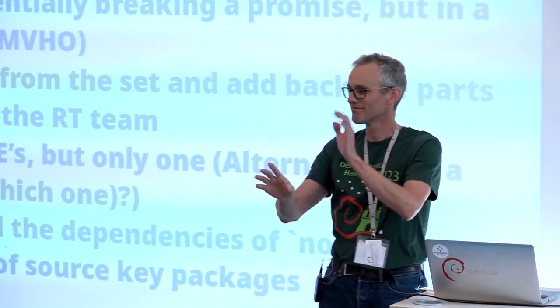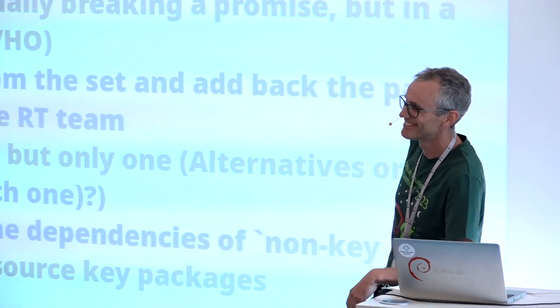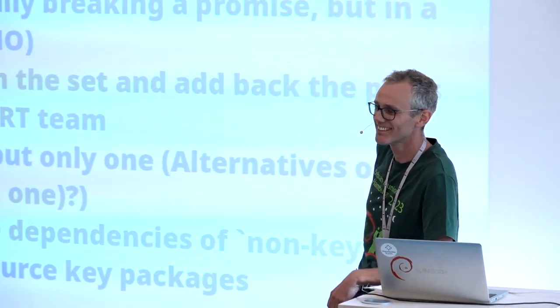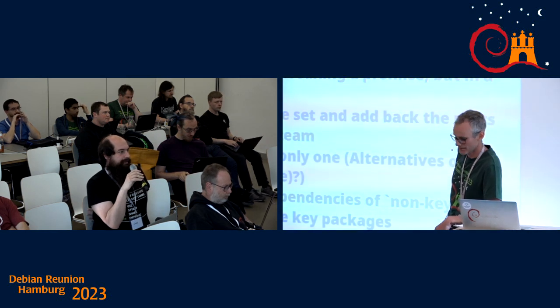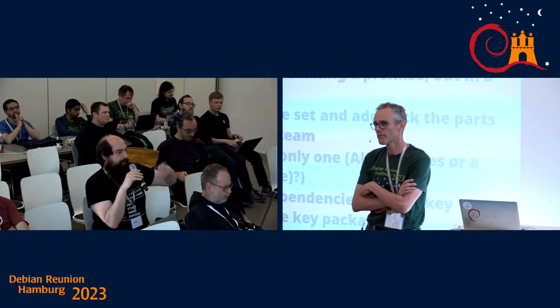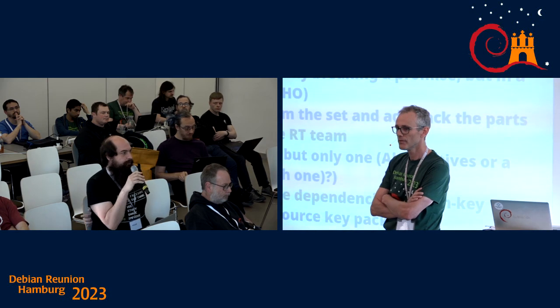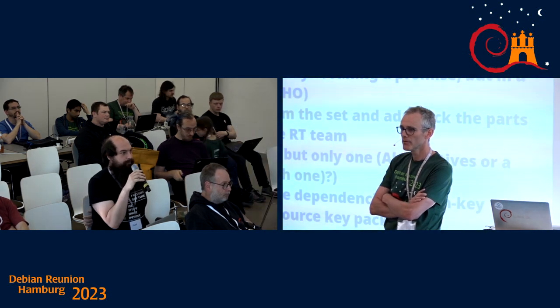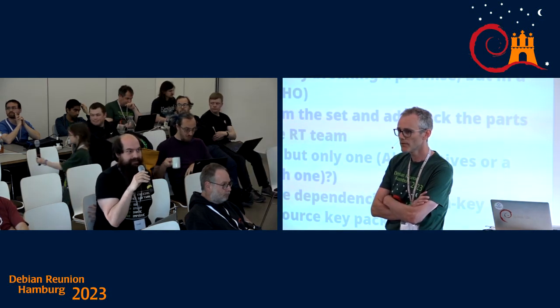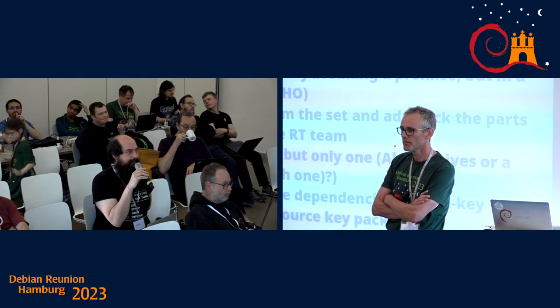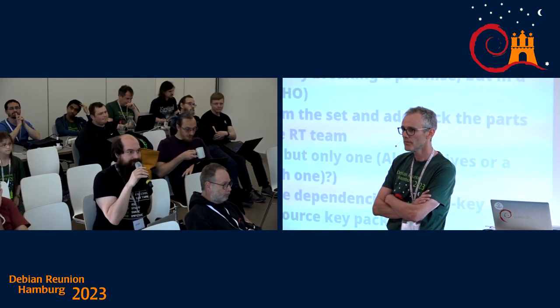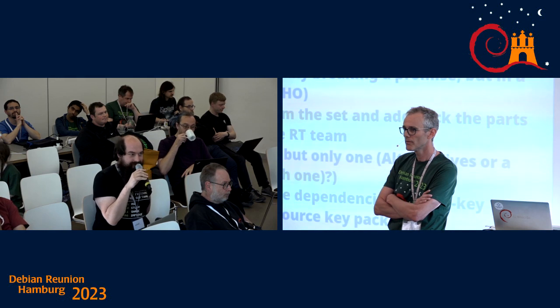Oh, sorry, though. Yeah. Yeah, I mean, my concern with this proposal is, well, at least with the no check proposal, is the broken promise of, like, do we stop doing build time checks on key packages?